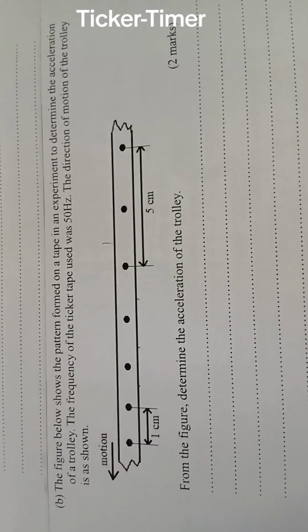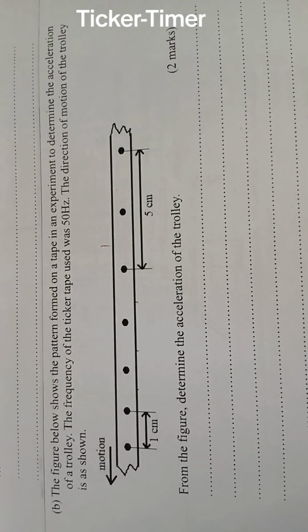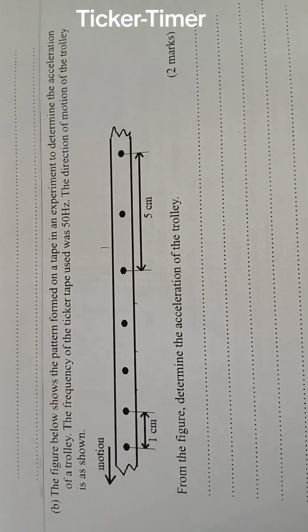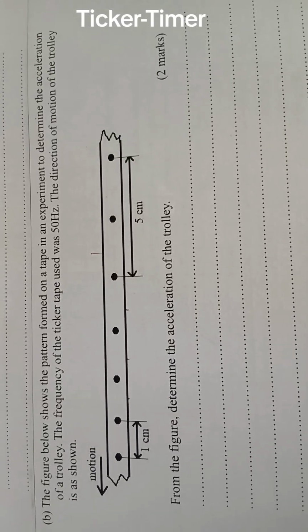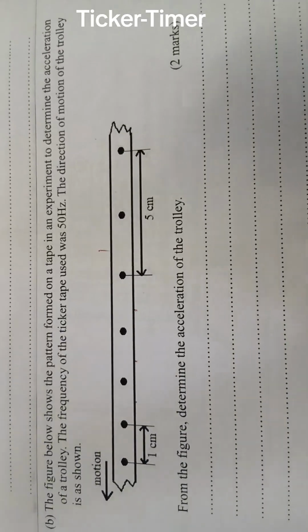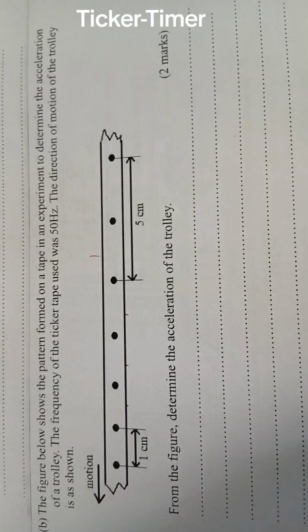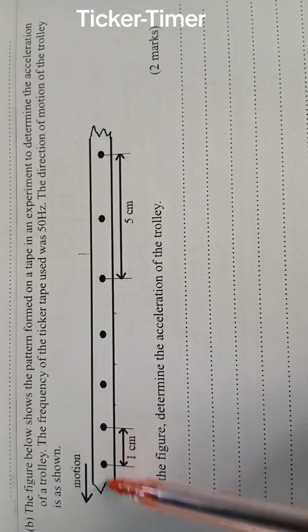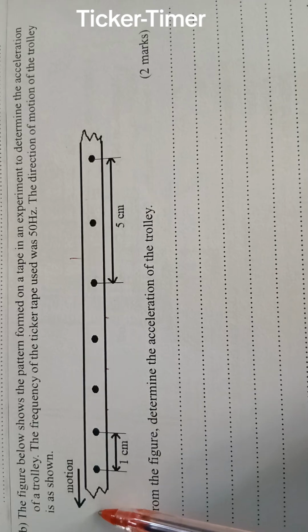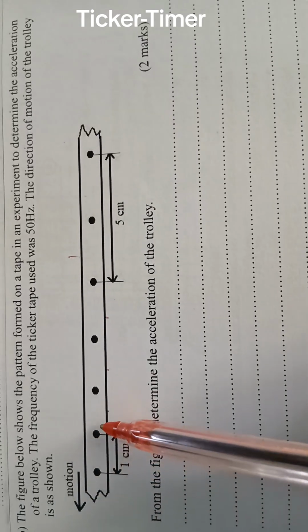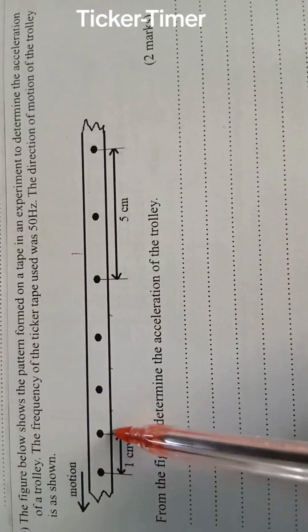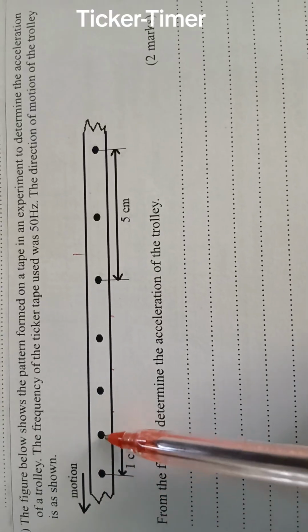Now, as we want to determine the acceleration of the trolley, we first need to look at the initial velocity and the final velocity. As long as they have given us the direction of motion, meaning at this particular point, that's where the tape is starting to move.